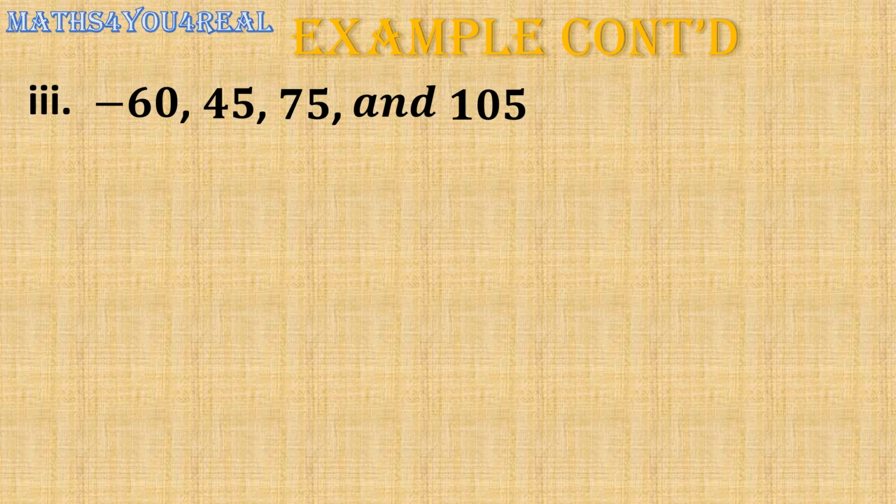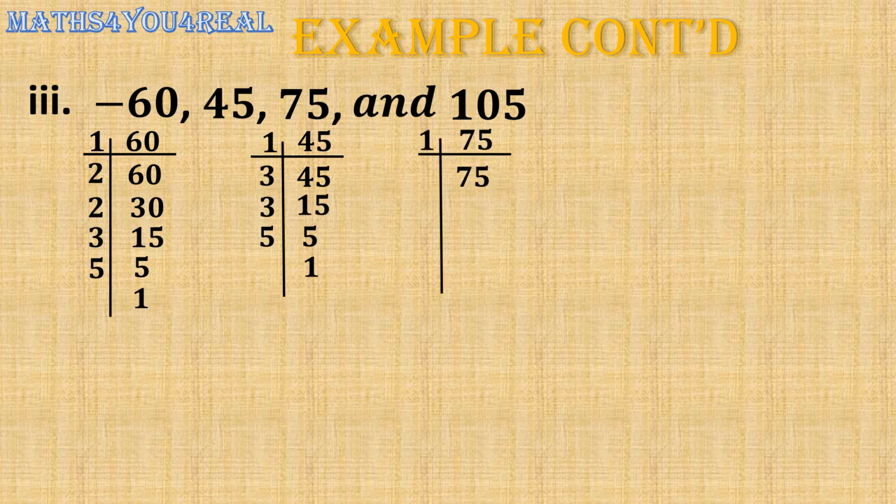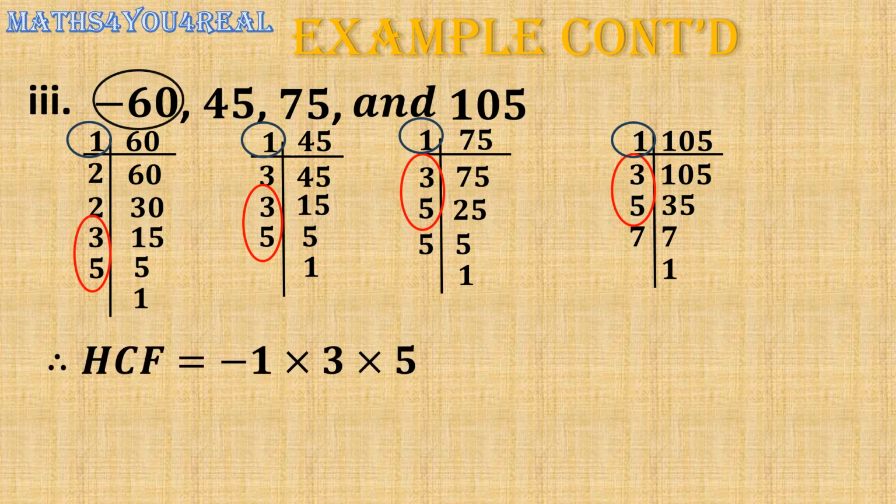The HCF of -60, 45, 75, and 105 is as follows. As one of the numbers is negative, the highest common factor, HCF, is determined by multiplying -1, 3, and 5.